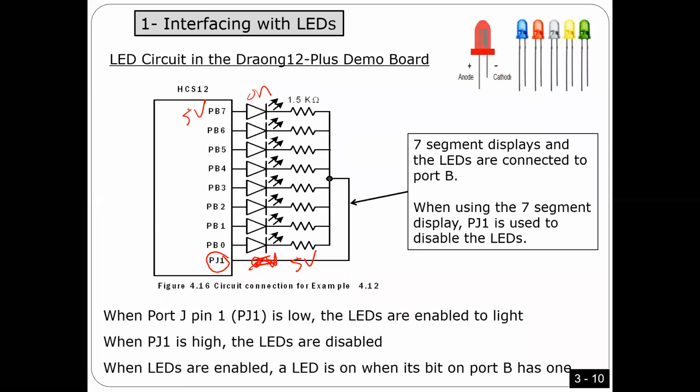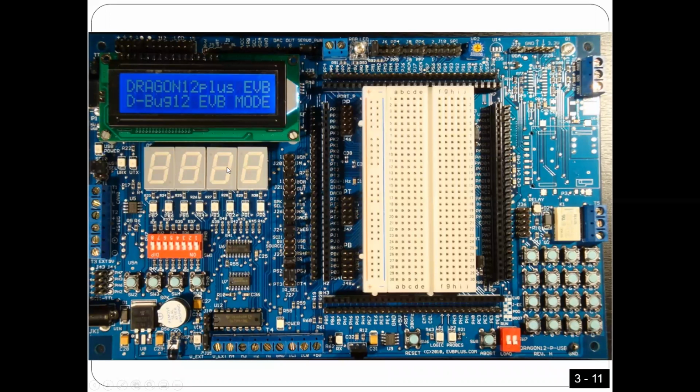As you see here, we have four 7 segment displays, and every one of them also has a pin to enable or disable it: PB0, PB1, PB2, PB3, and the LEDs have PG1. Usually only one of these 5 pins is 0. So if I want to use the LEDs, I have to put 0 in PG1 to enable the LEDs, and I also have to put one, which means 5 volt, on the others to disable them.